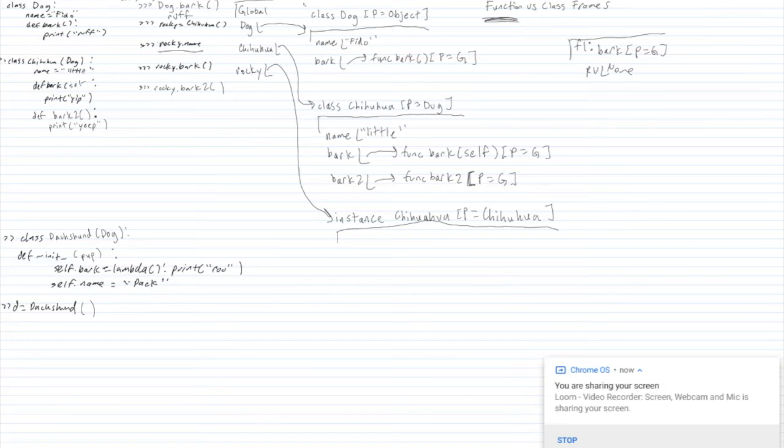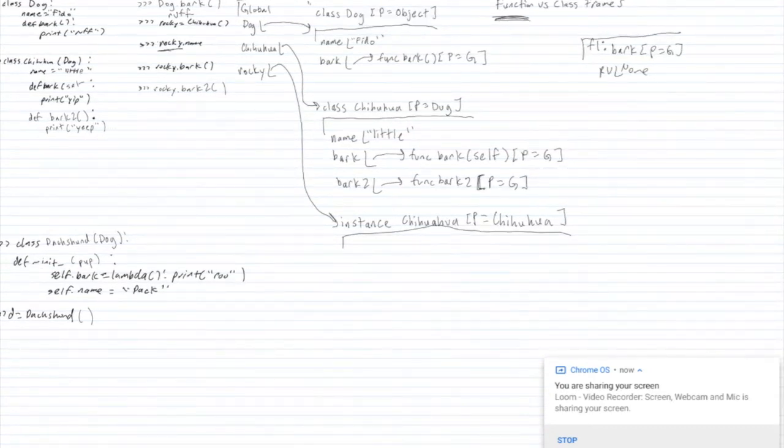And so when we look for Rocky.name, just as the rules specified before with normal function frames, the thing on the left-hand side of the dot tells us which class frame to look at. And so we're going to look at the class frame corresponding to where Rocky points, and we're going to look for name. It's not there.